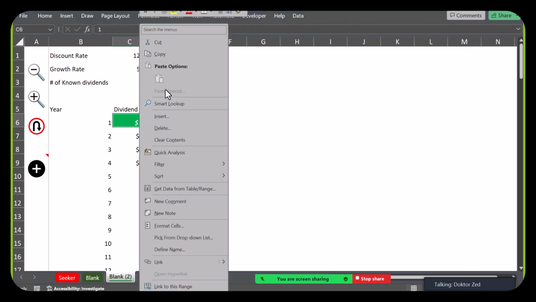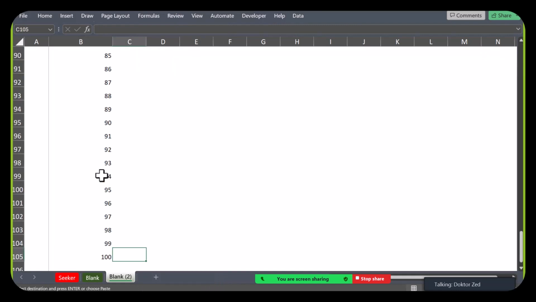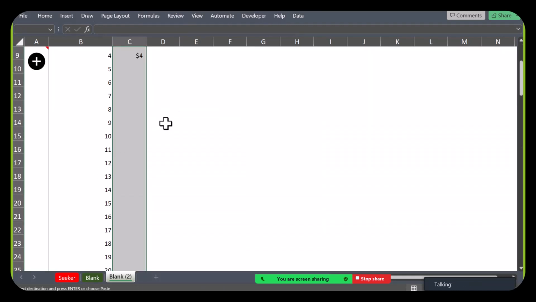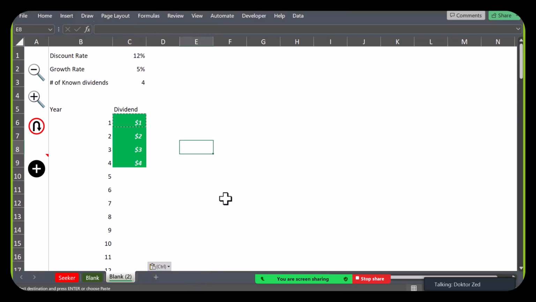And I'm going to copy that. Right click, I'm going to copy the formats. As you can see, the other years are not colored.